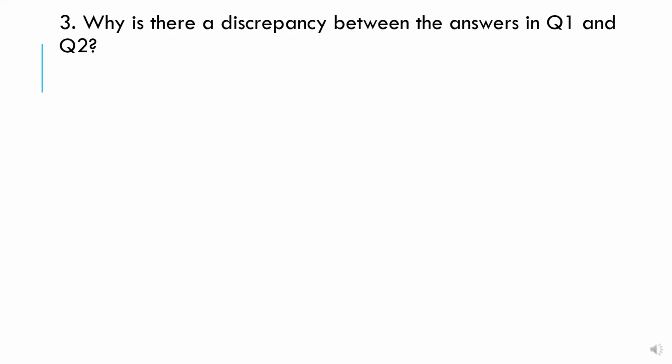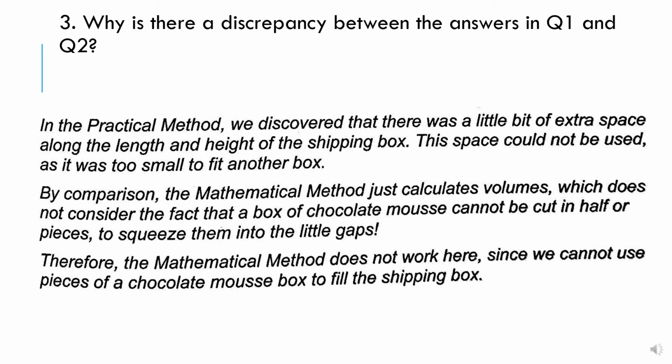So why is there a discrepancy between the answer that we got in question 1, which was 150 boxes with the practical method, and the answer in question 2, which was 190 boxes according to the mathematical method? Remember with the practical method, we saw that there are little extra spaces along the length and height of the shipping box, because when we divided the dimensions of the shipping box by the dimension of the product, there was a decimal, and we had to round down, which means where there was a gap, there was a little space left.